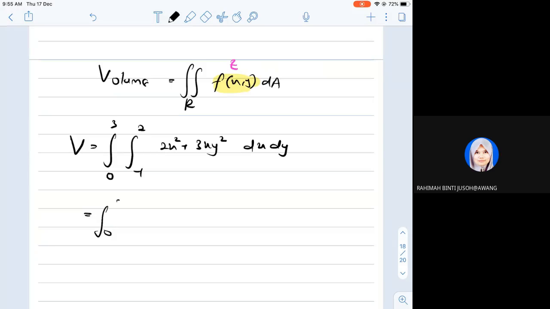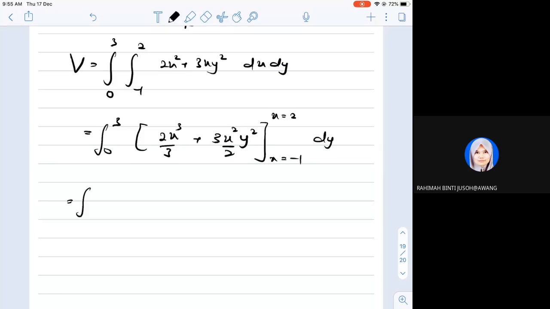Integrate 2x squared becomes 2x cubed over 3 plus 3 x squared over 2, y squared. Just copy y squared down because y is just a constant. And then substitute x equals negative 1 and x equals 2, dy.